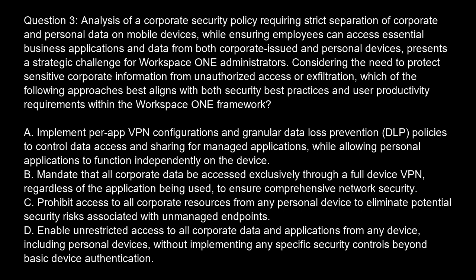Option C. Prohibit access to all corporate resources from any personal device to eliminate potential security risks associated with unmanaged endpoints. Option D. Enable unrestricted access to all corporate data and applications from any device, including personal devices, without implementing any specific security controls beyond basic device authentication.